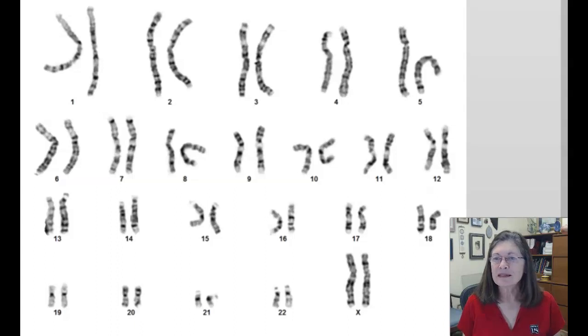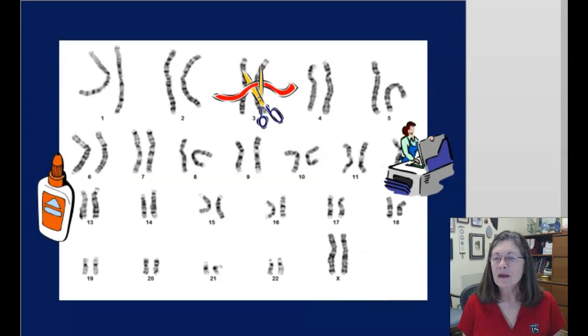And you could easily see if you had an extra piece of chromosome or if chromosomes were rearranged in some way, where a chunk of one arm was swapped with a chunk of another arm of a chromosome. You could see that here. And of course, anything you could do to this picture with scissors, glue, and a copy machine can really happen, and it does really happen.